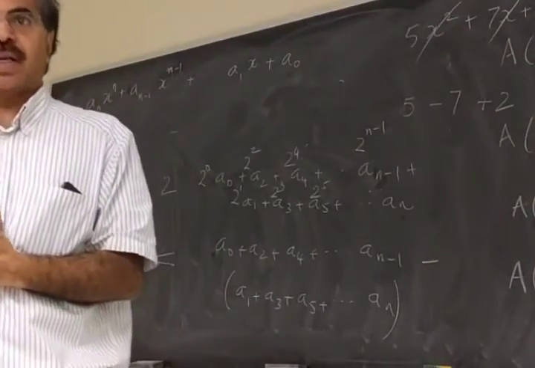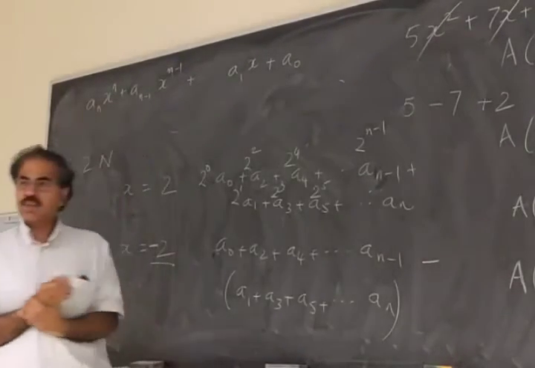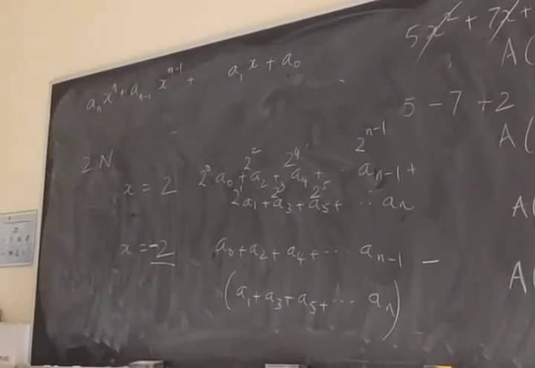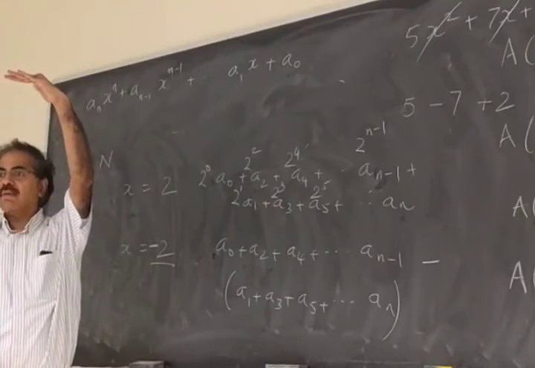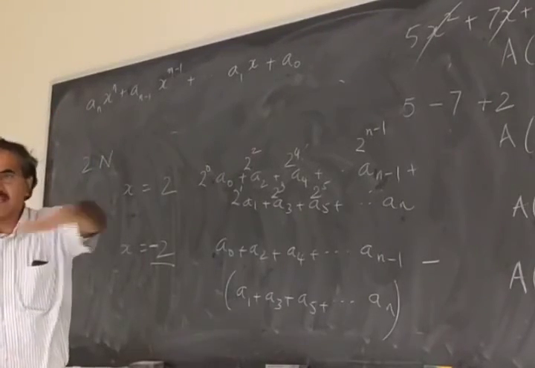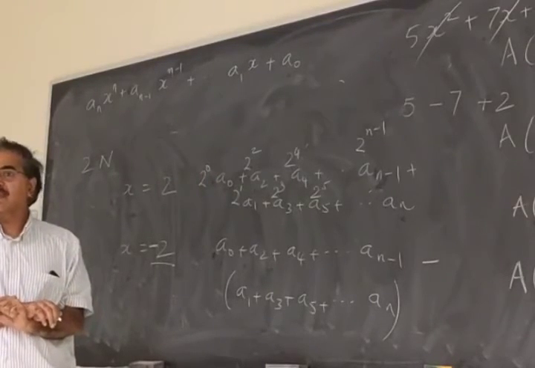But unfortunately, this trick seems to run out. It seems like you can apply it only once. If you want to do it as a divide and conquer, what you have done here is take these 2n points, cut them in half, and only compute for half of the points.